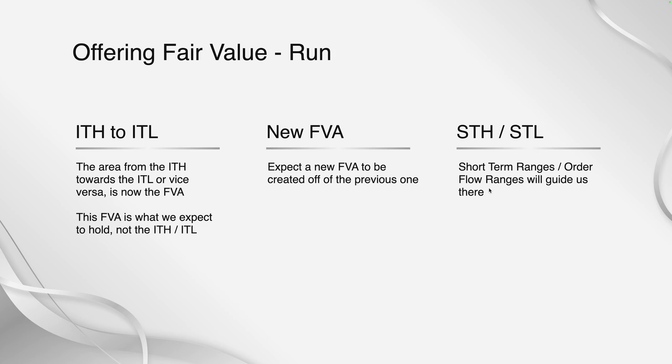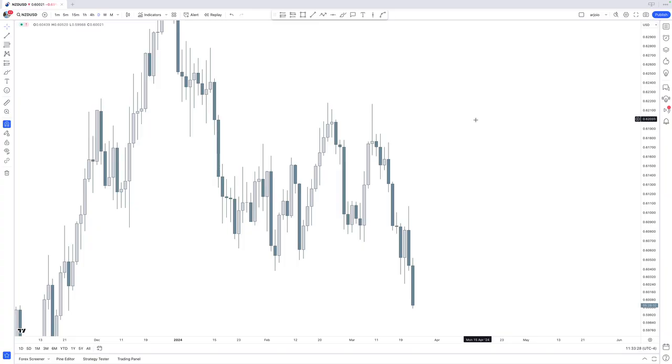So let's look at this example in the chart. All right, here we are on New Zealand dollar, US dollar, also on the daily time frame. And there's quite a lot of things going on right here.